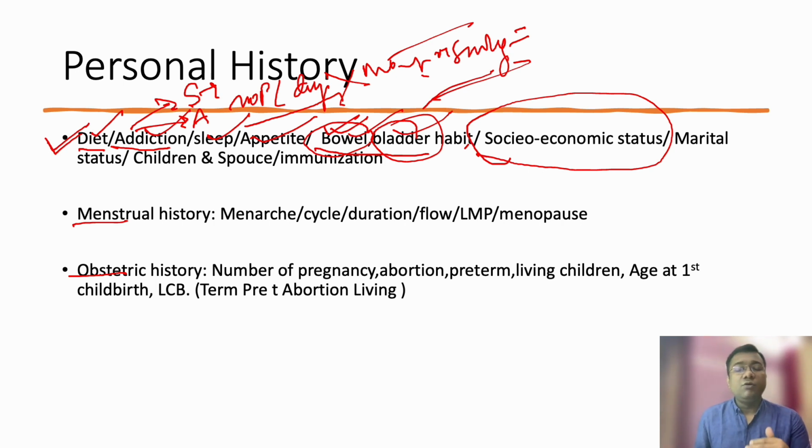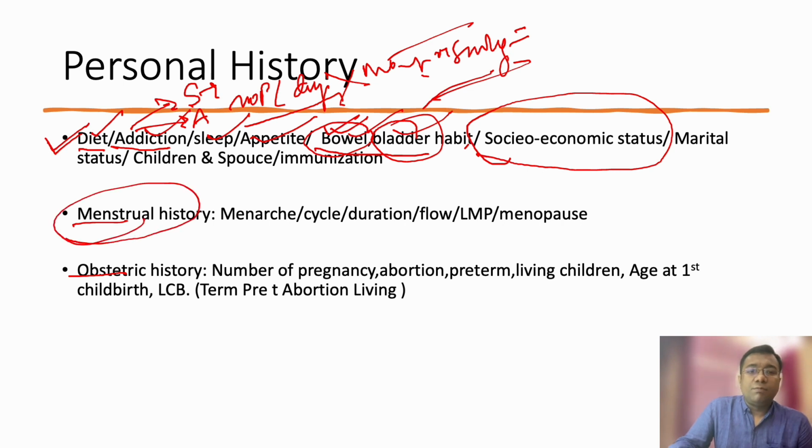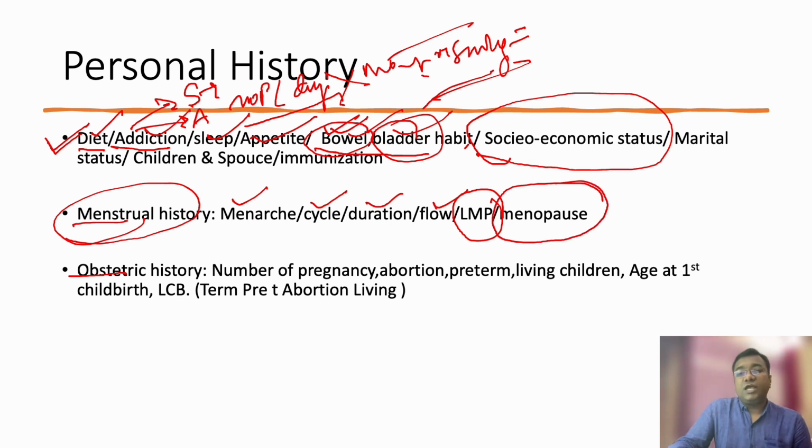Immunization you can include in personal history. If you are taking a history of a child, it's better to make a separate heading on immunization. If the patient is female, then you need to include the menstrual history: menarche, cycle, duration, flow, last menstrual period, and if the patient is menopausal, the age of menopause.